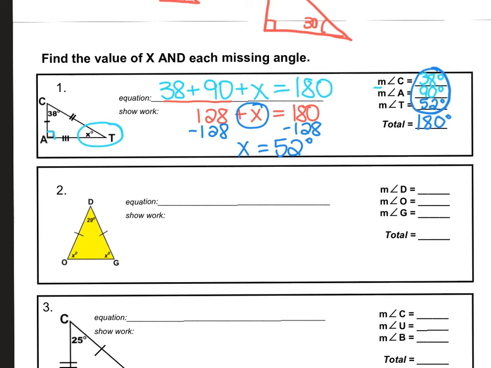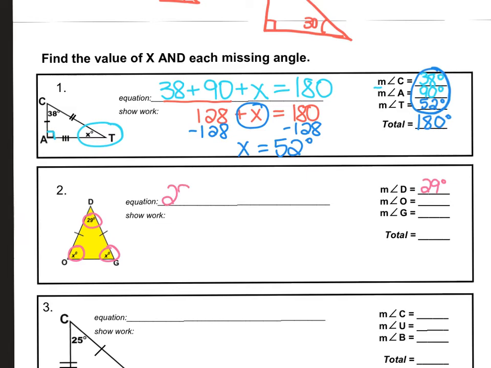Okay, so let's look at number 2. Number 2 looks like we're missing 2 angles. We're missing the O and we're missing the G. So we do know that angle D is 29. So our equation would be adding up all of these inside angles.